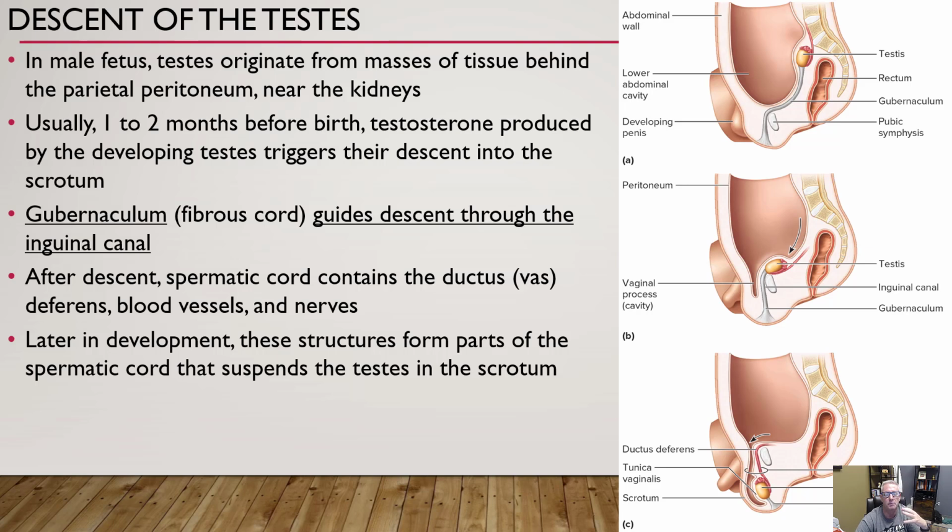Then about 1 to 2 months before birth, there's a release of testosterone that guides the testes down through the abdomen into the scrotal sac. There's a gubernaculum, a fibrous cord that helps guide the testes through the inguinal canal.